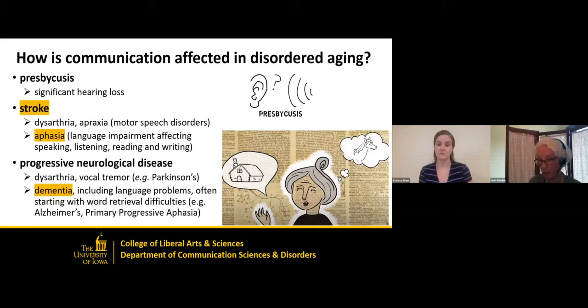And those typically begin with increased difficulty retrieving words and often progress to more significant problems, including the use of nonsense words, the inability to follow the topic of a conversation, and eventually can result in mutism.